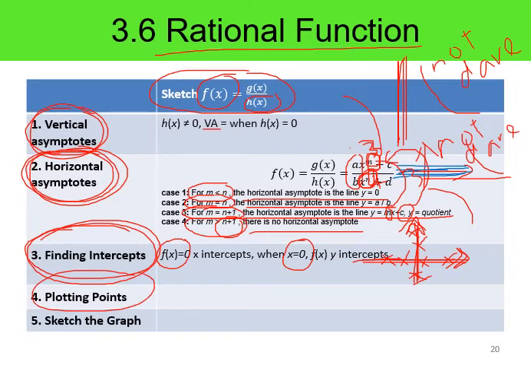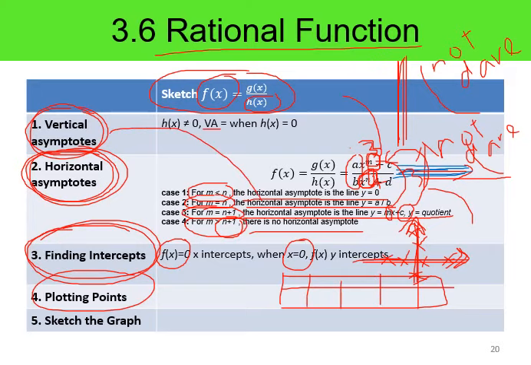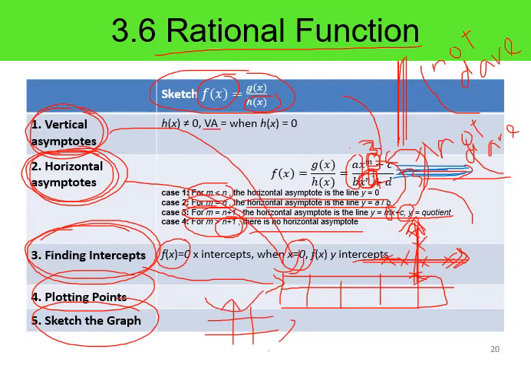And then we're going to plot points very close to the vertical asymptotes, the horizontal asymptotes, and also the intercepts. After we have these 1, 2, 3, 4, then we can sketch the graph. We can somehow sketch the graph there. Okay, let's go to 1.